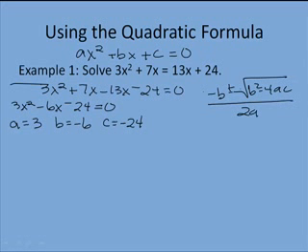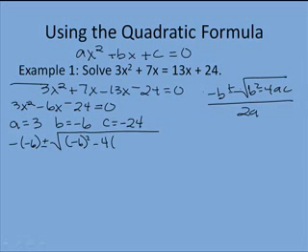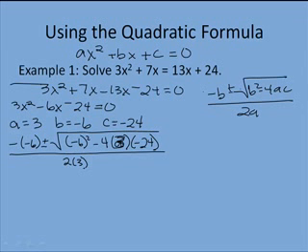So negative b, plus or minus the square root of b squared minus 4 times 3, our a is 3, times c, all over 2 times 3. I wrote it out very specifically so you can see all of the steps on this first example.